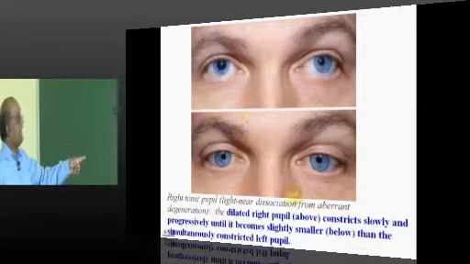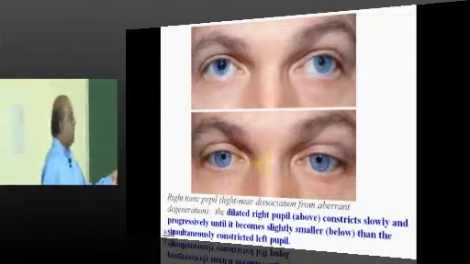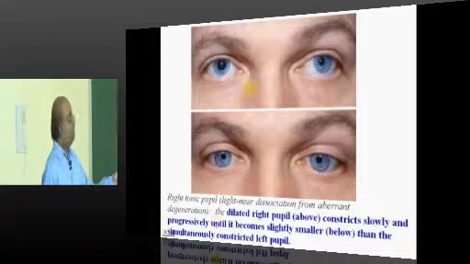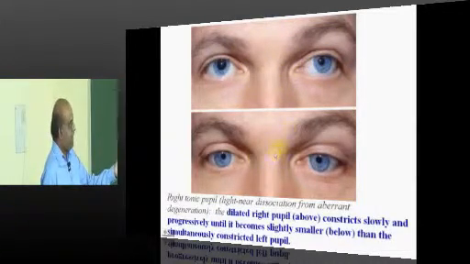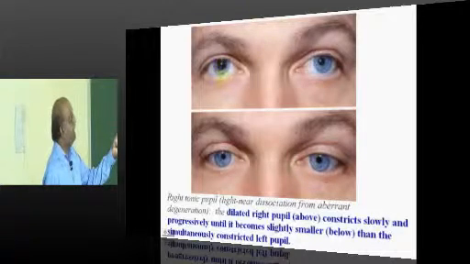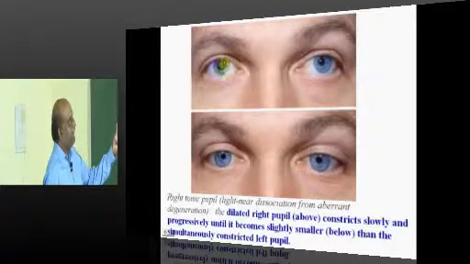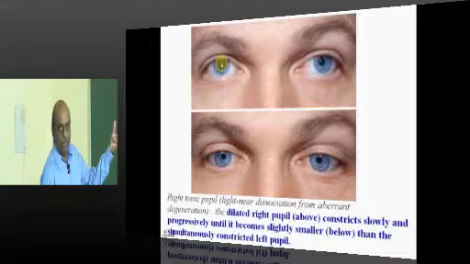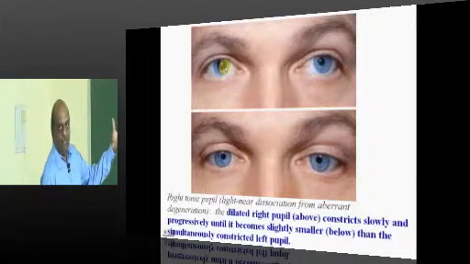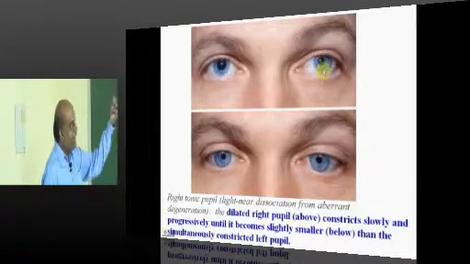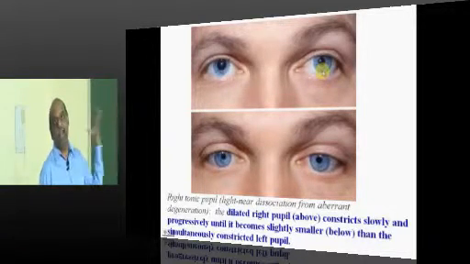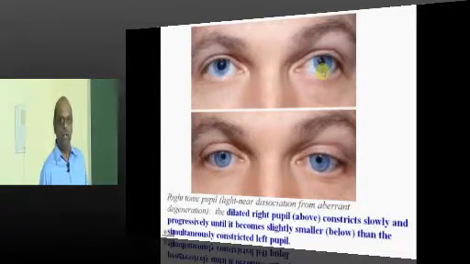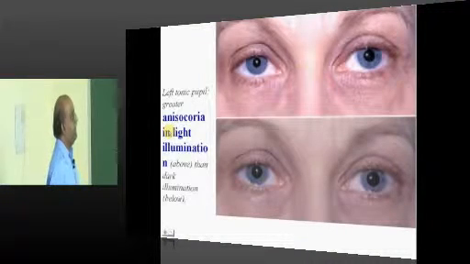So this is the typical guy. Normally he is okay, but the moment he is exposed to the light, we have thrown the light, this is a little dark, this is light, then typically one pupil, that is the side where Adie's pupil is there, remains dilated, whereas the other pupil is able to briskly constrict, increasing the anisocoria, which is equivalent to Adie's tonic pupil.